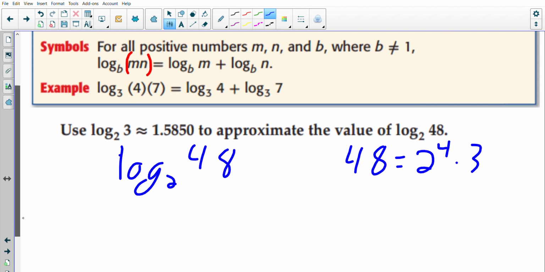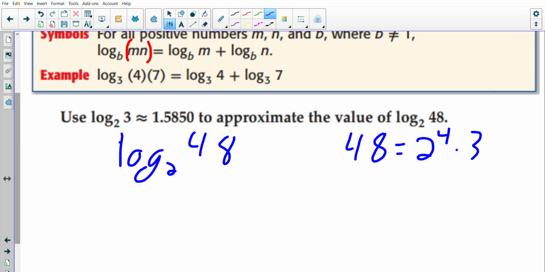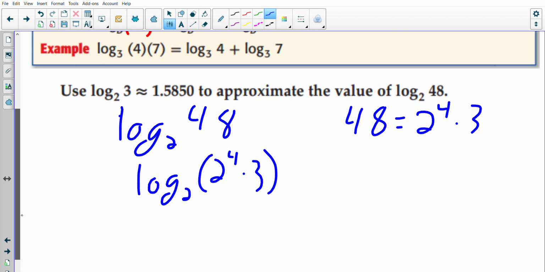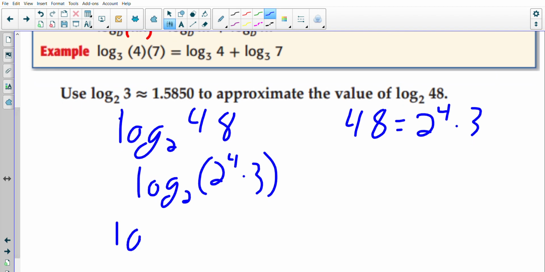So all I did was write it in prime factorization. So I get log base 2 of 2 to the 4th times 3. Now I can apply my product property and say log base 2 of 2 to the 4th plus log base 2 of 3.